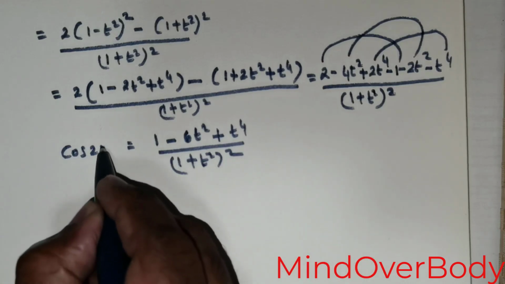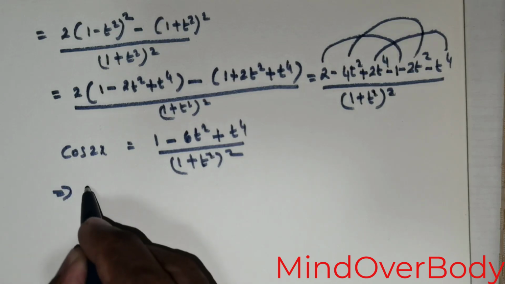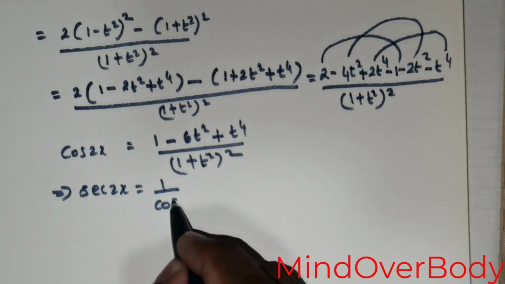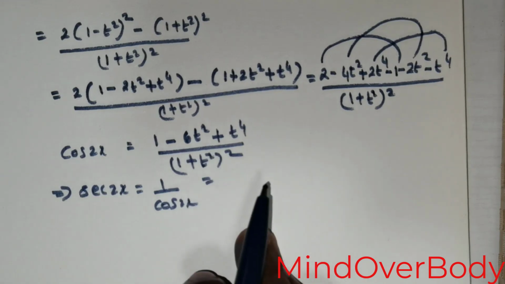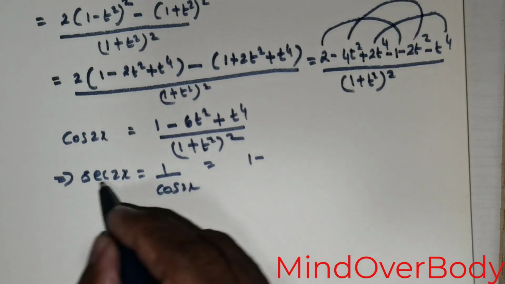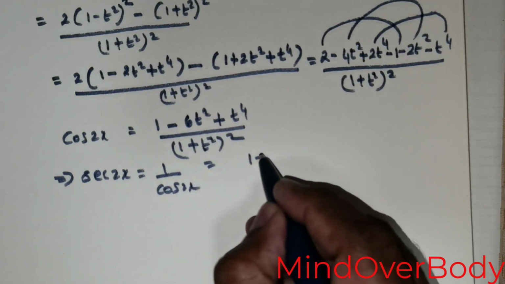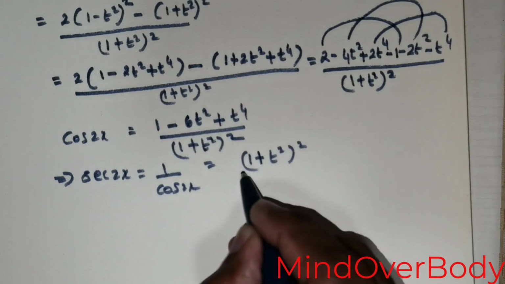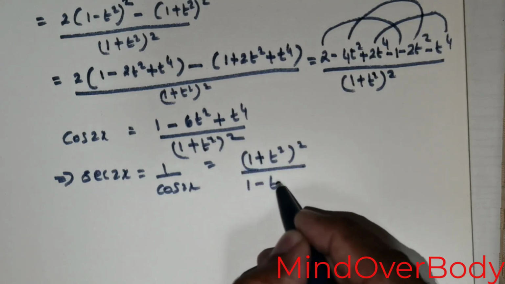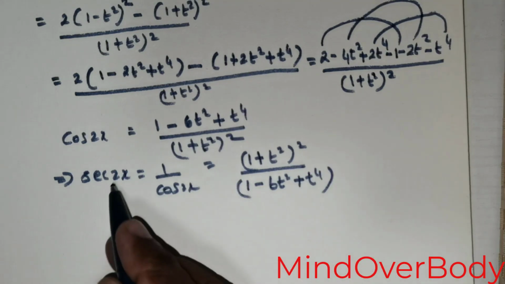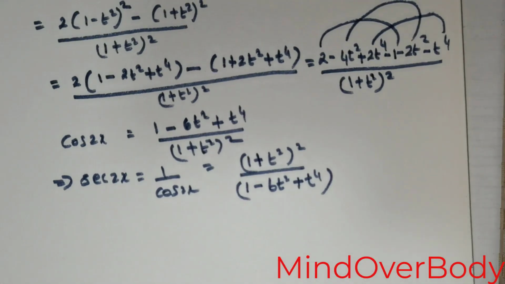This is nothing but cos 2x. Now this would mean my sec 2x is nothing but 1 over cos 2x, so I need to flip this. So this is nothing but (1 + t²)² divided by (1 − 6t² + t⁴). So I've got sec 2x and I've already got sec x.